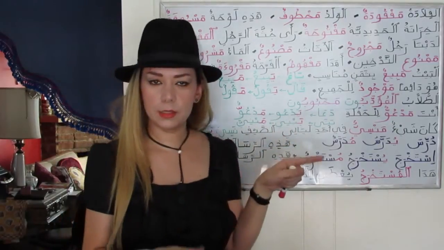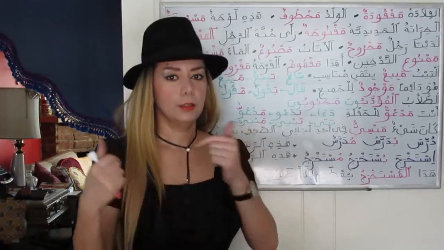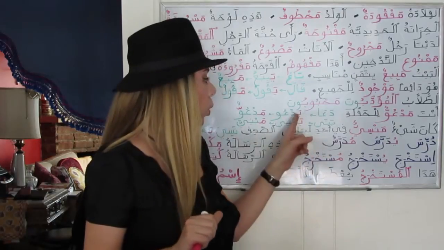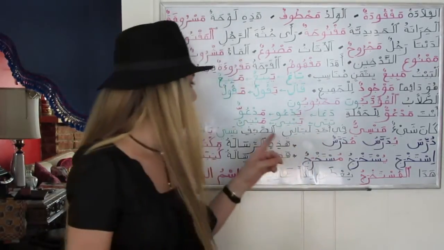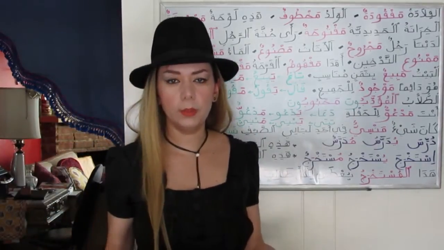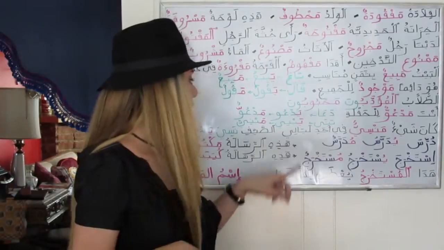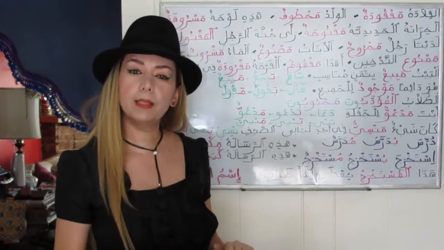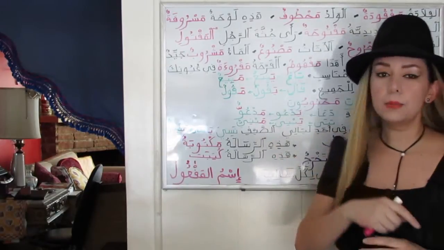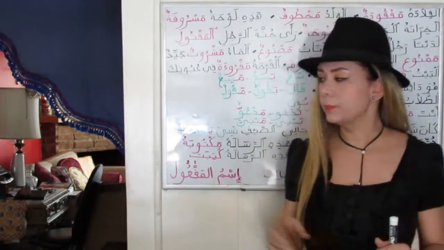Yad'u is its conjugation in the present tense, always third person singular masculine is our reference all the time. So huwa yad'u, he is inviting or he invites. So what do we do to derive the passive participle, the PP? We get rid of the prefix ya of the conjugation, and we substitute it with the mim.